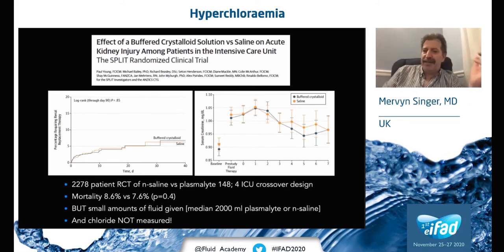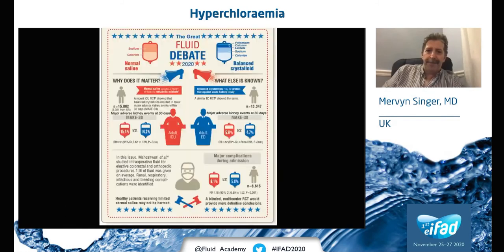And crucially, and it seems rather crazy, they didn't actually measure the plasma chloride. You wouldn't do a respiratory trial without knowing the gases. So it seems a bit perverse to do a saline versus Plasma-Lyte trial without knowing what the chloride level's doing.